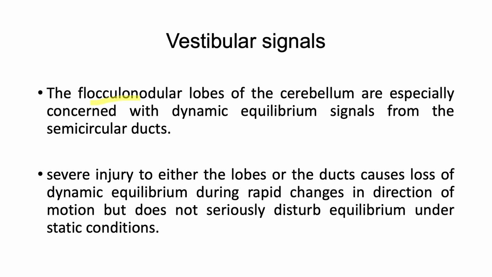The folliculonodular lobes of the cerebellum are especially concerned with the dynamic part of the equilibrium signals that come from the semicircular ducts. That's why an injury or a lesion in these lobes or in the semicircular ducts will cause loss of the dynamic equilibrium, especially in rapid changes in the direction of movement.